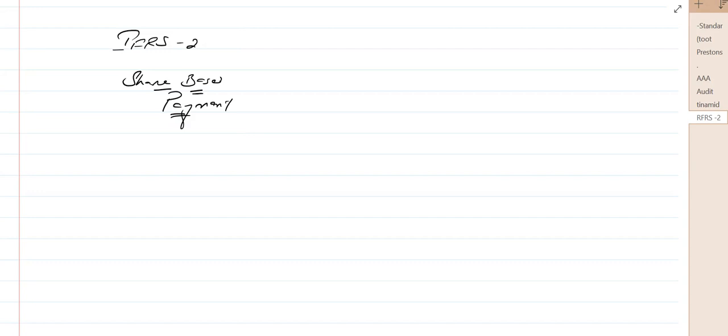That means they will be performing the transaction as per IFRS 2. Now, if you are their auditor and you are auditing that particular transaction, you need to know, first of all, the accounting treatment of the share-based payment. If you're not aware of it, then you won't be able to perform the correct audit.